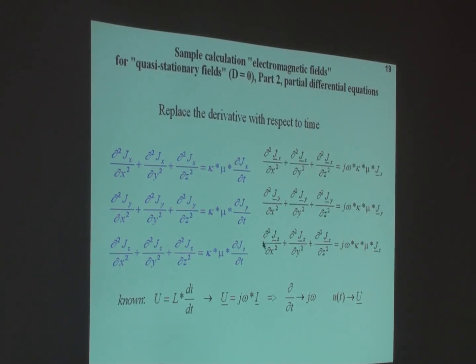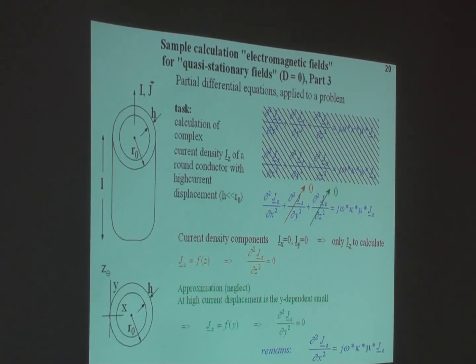Then we look at this one: we have a conductor, and the current density goes in that direction. We have no current density in x or y, so we can strike out these components of the differential equation.